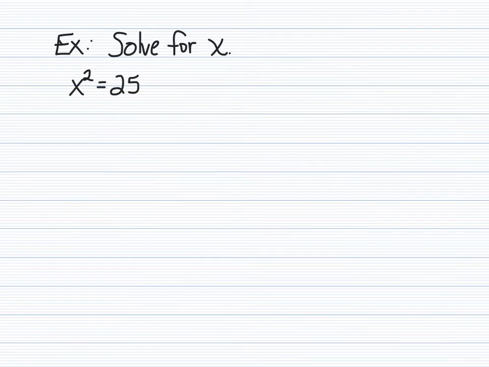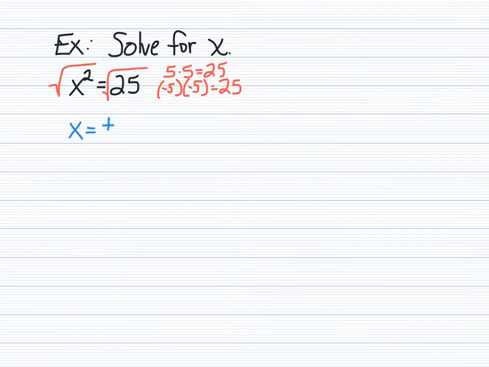Thinking about how we undo squaring, the opposite of squaring is square root. It undoes it. So thinking about the fact that 5 times 5 equals 25, but also negative 5 times negative 5 is 25, when we do the square root in a problem like this, our answer is x equals plus and minus 5.